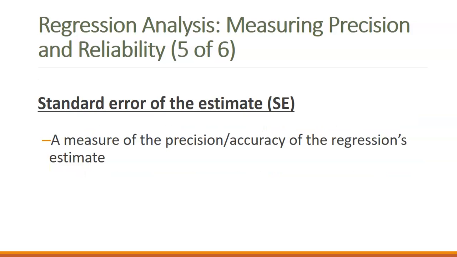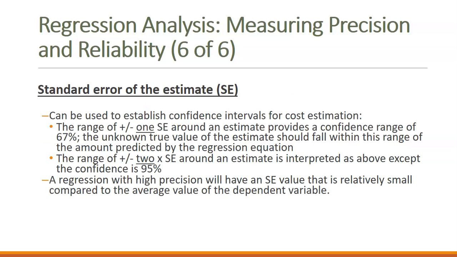And then we have our standard error of estimate, which is a measure of the precision and accuracy of a regression's estimate. We want to establish our confidence intervals for cost estimation. So when we look at that, we want a confidence range of 67%, where our unknown true value of the estimate should fall within this range of the amount predicted by the regression equation.